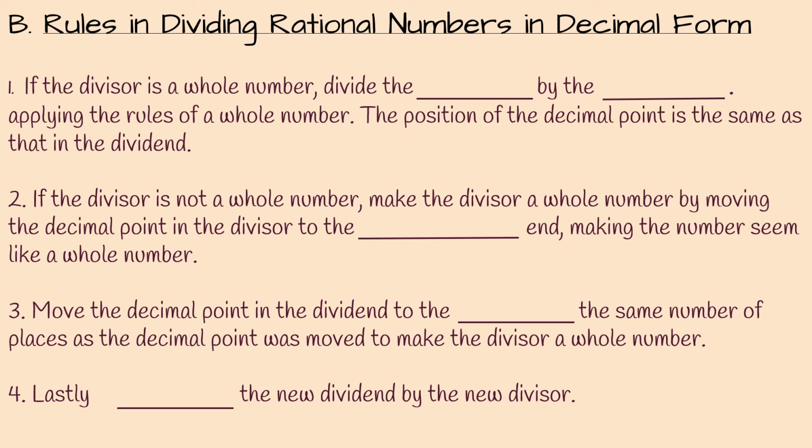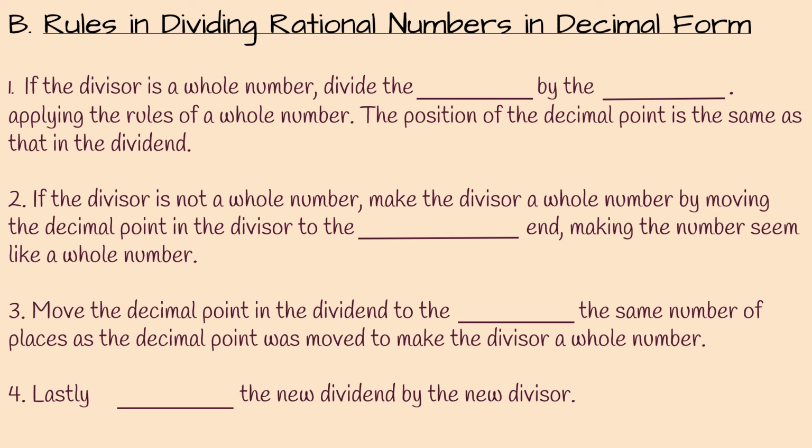Next is rules in dividing rational numbers in decimal form. First one, if the divisor is a whole number, divide the blank by the blank. Applying the rules of a whole number, the position of the decimal point is the same as the dividend. Number 2.